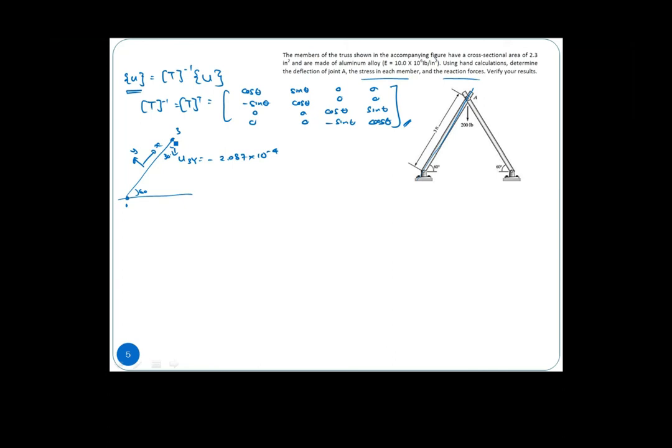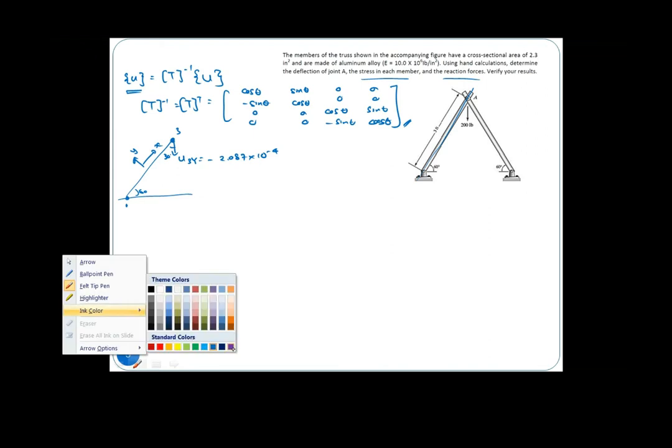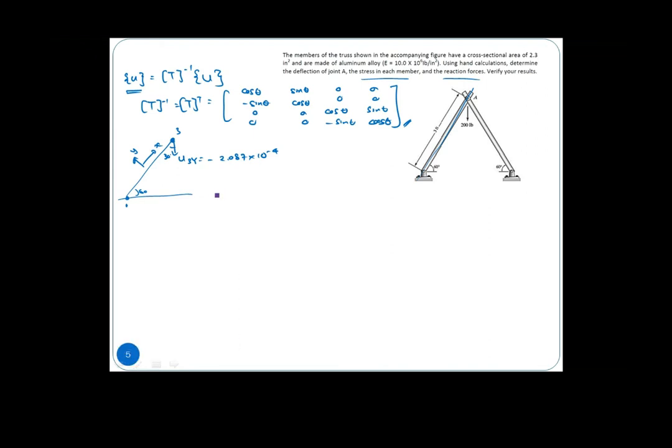So what we need to do, if you look into this, this is 3y, right? So if looking into this member, if I want to find the stress, basically it is E times our strain itself, right? Here is talking about u3x in local minus u1x in local, divided by the L itself.